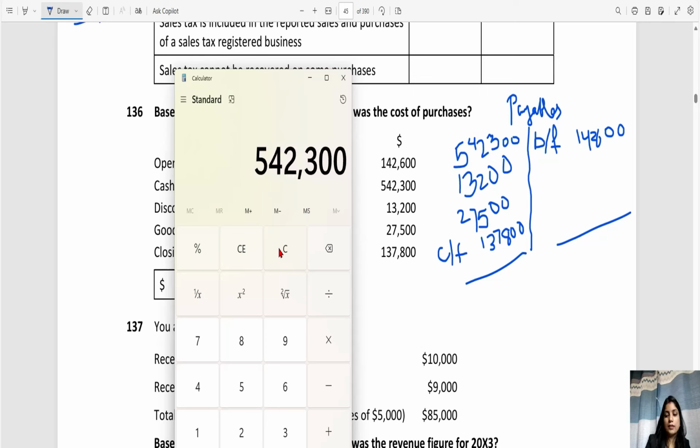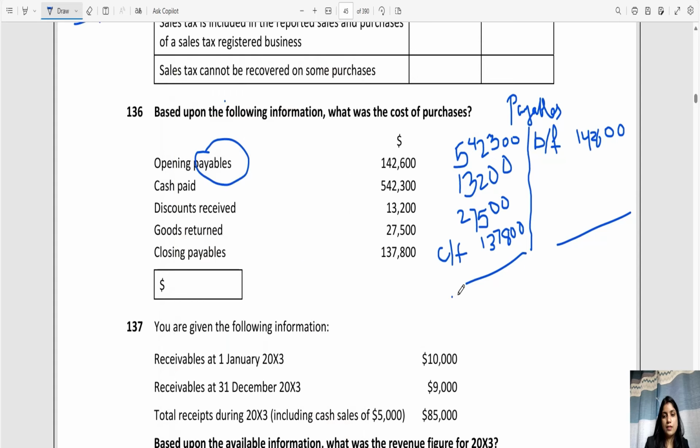So let's total. 542300, then we will add 13200 plus 27,500 and then plus 137,800. This will give the total of 720,800, right?